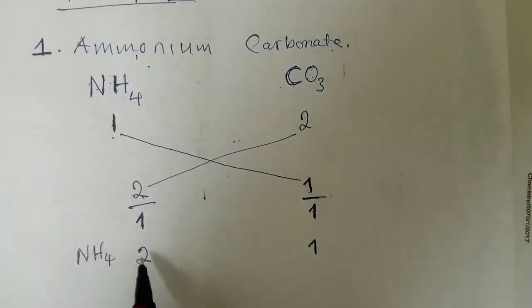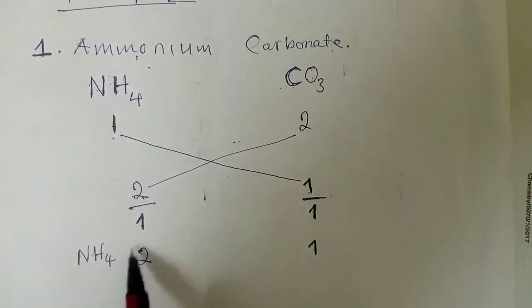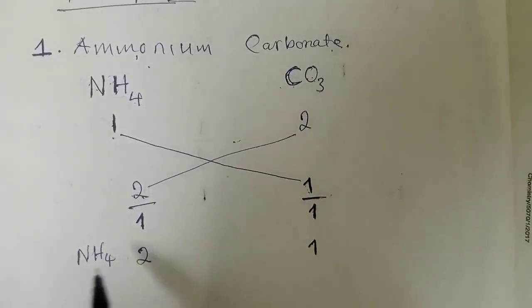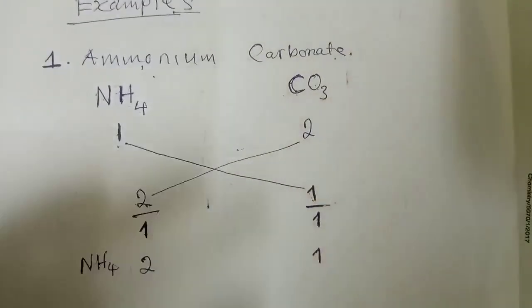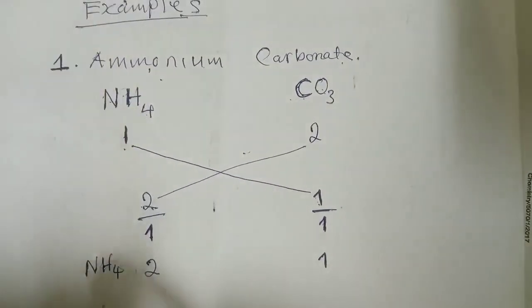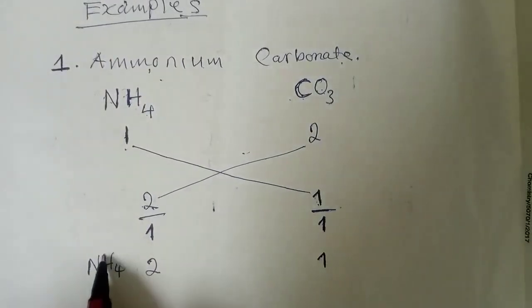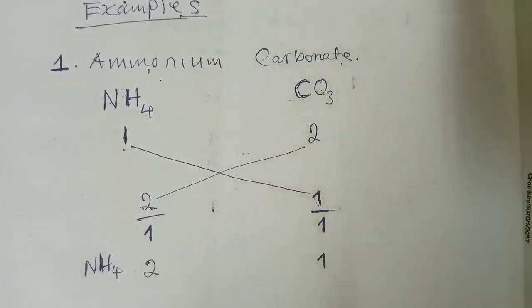And if the number that you have swapped to a radical, if it is just a radical, a combination of 2 or more atoms that are not independent, like this. So if this number is greater than 1, it is bigger than 1.